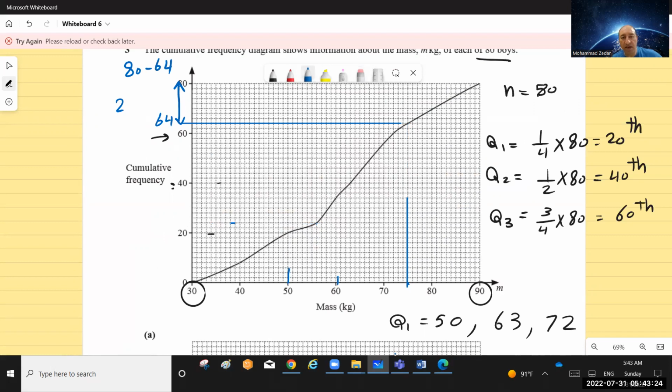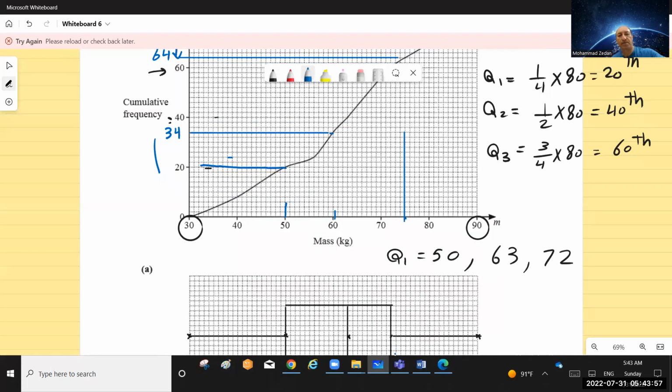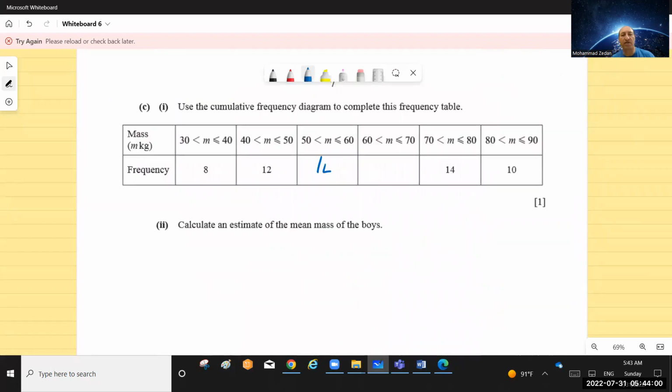The 50 is here at 20, and the 60 is at this number, which is 34. So the difference between 34 and 20 is 14. By the same way you can find from 60 to 70, it's 22.